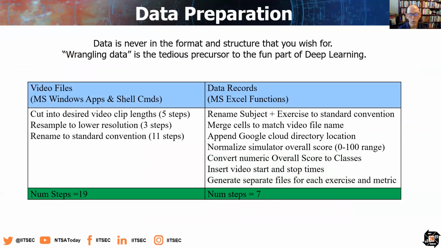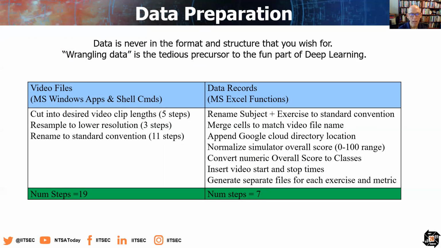Now, before you can do the sexy part of deep learning, you have to do a lot of data preparation. Data that was collected for previous experiments is usually not in the form that you need it for the deep learning experiment you're going to do.